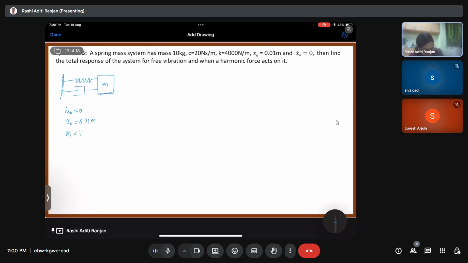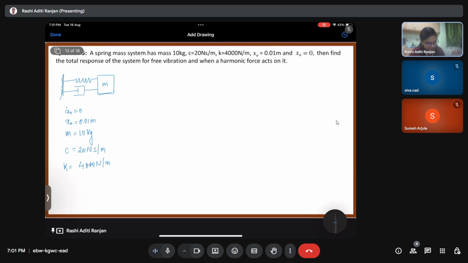We have mass as 10 kg, C as 20 Newton second per meter, and K as 4000 Newton per meter. So we have to find the response of the system for free vibration and when a harmonic force acts on it.